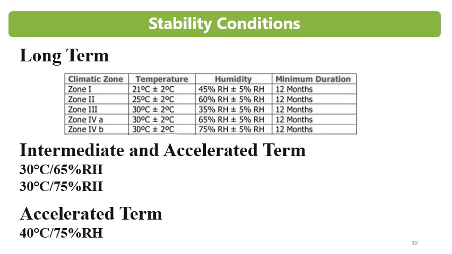That is 25 degrees Celsius, 60% RH for long term, 30/65 for intermediate, 30/75 for long-term condition, and 40/75 for accelerated condition. As you develop a product with these conditions, then you can say the product is having good stability and the product can be extended in different countries.